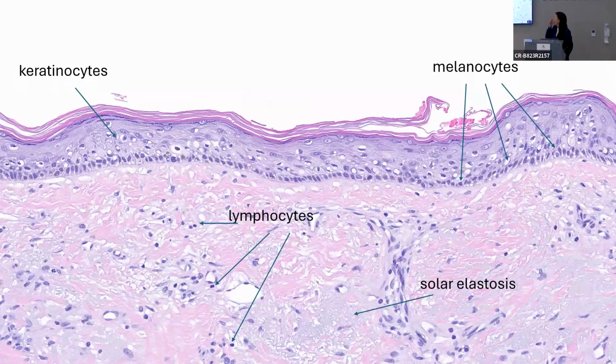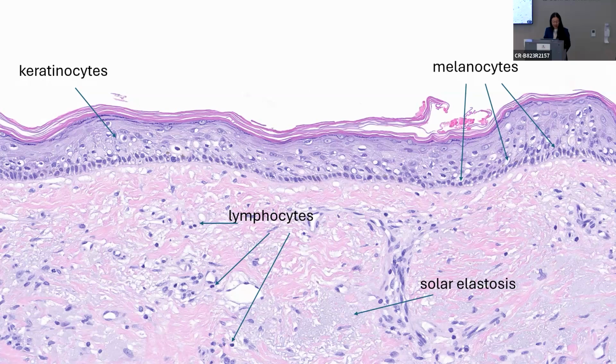When we zoom in closer, we can see the keratinocytes at the surface. Then we have the melanocytes. They're very difficult to see, but they're these individual cells in the lower portion of the epidermis, and they make the pigment that protects our skin. Typically, they're just single cells scattered in the basal layer of the epidermis.